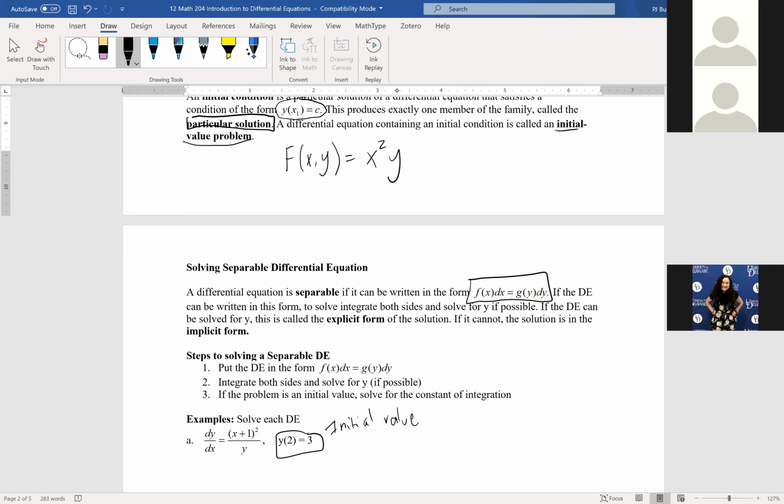Now, in order for it to be a separable differential equation, well, then I need, for instance, f of x, y to equal, say, dy dx. And I need to be able to separate my function big F here into two functions, a function of x and a function of y.